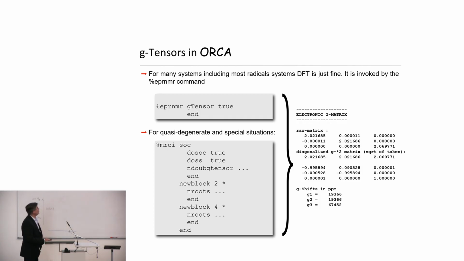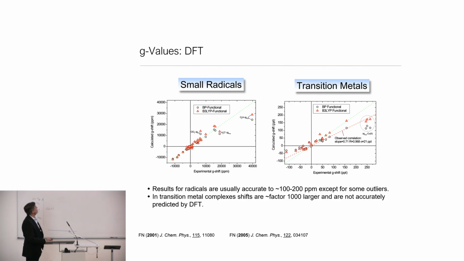Just briefly, how good are these G-tensor predictions? For radicals, it's actually usually not so bad with DFT. There are some areas where there are significant outliers, and that usually has to do with situations where DFT gets a spin distribution wrong. DFT, you have to understand, has a tendency to over-delocalize the spin.